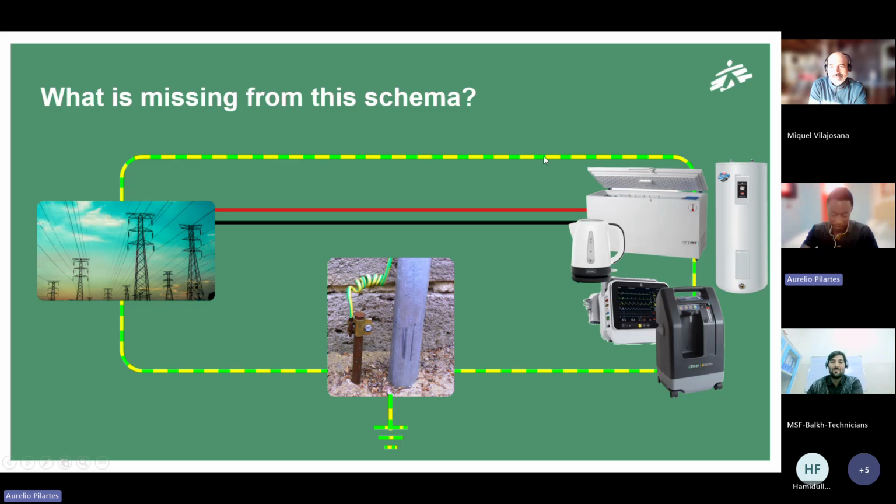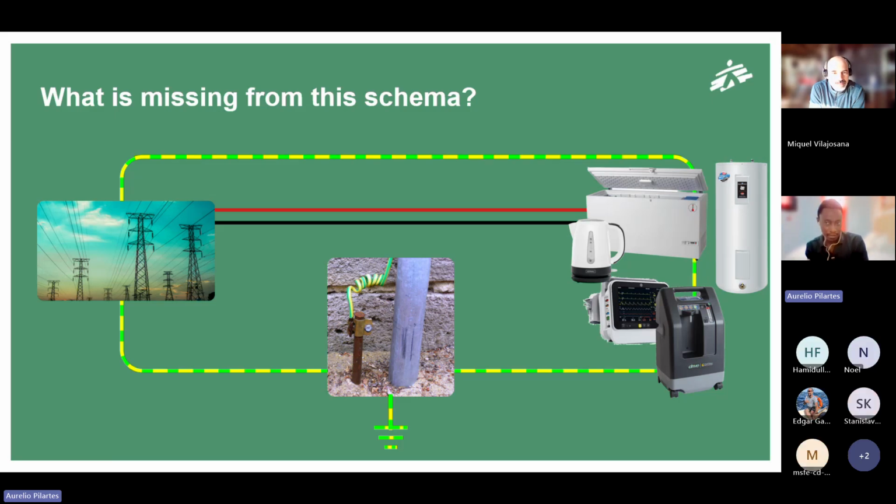Thank you very much. Yes, this is the thing. What we are missing here in this particular schema is the protection. So the diagram as you have would work. You would have power in your outlets and in your equipment, but you would be in a very, very dangerous and risky situation.